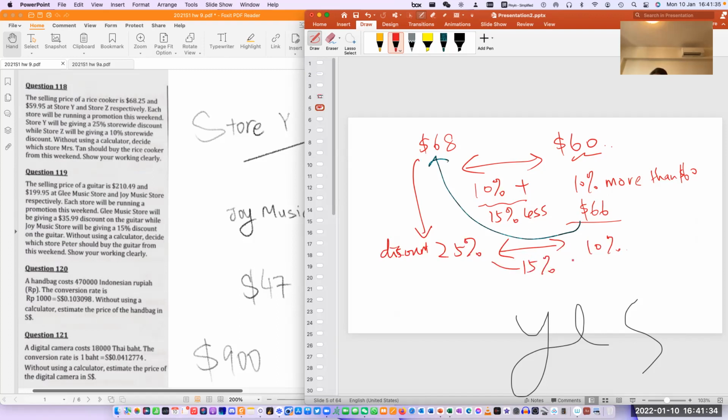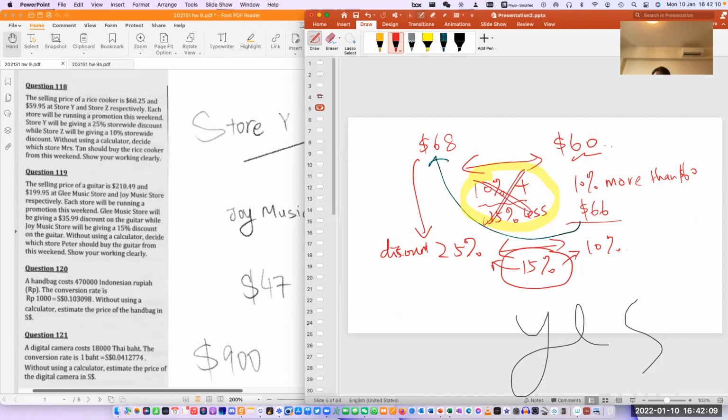The difference between the original prices is about 10% plus, but the discount difference is more than 15%. So this 15% will more than offset this.